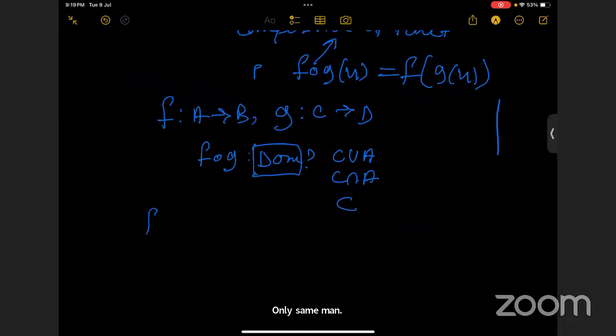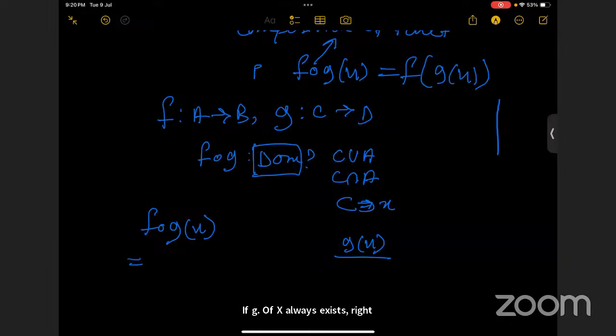If it is a function, then what we know is that every point from the domain should have some image, right? So if we take any x belonging to C, then g of x always exists.